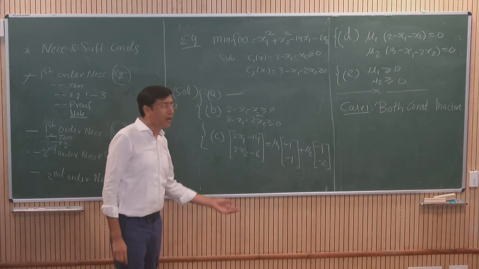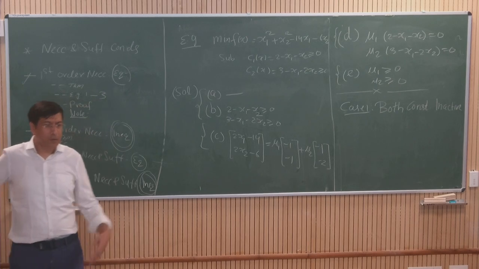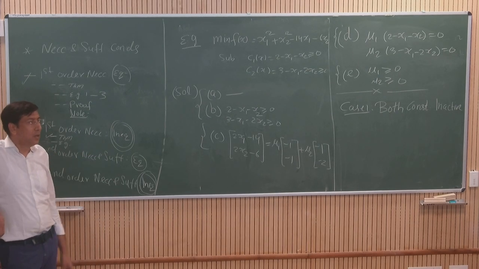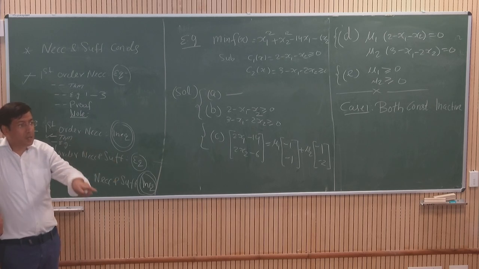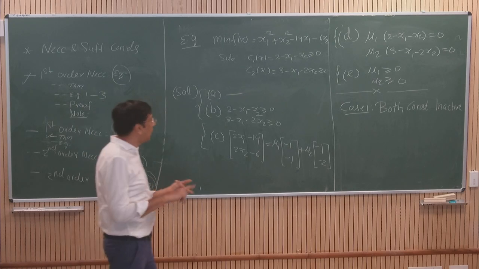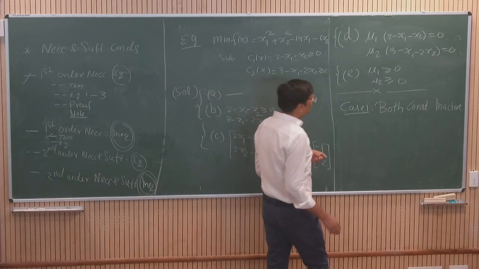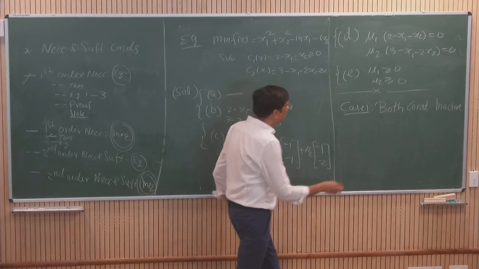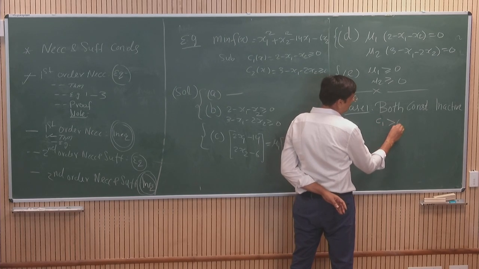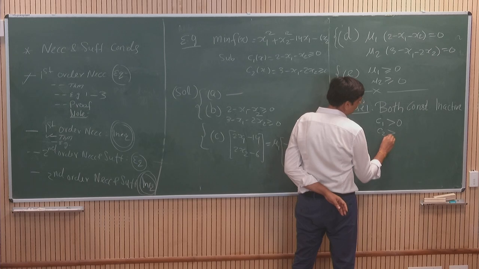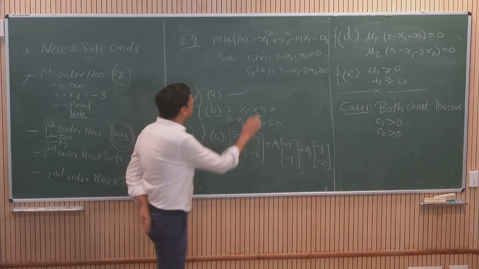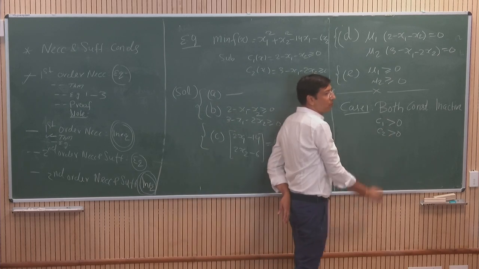How many cases will we have? 4, 2 to the power 2, because each is inactive or active and you've got 2 constraints. If I had 3 constraints, how many cases? 8, 2 to the power 3, because active or inactive for all of them. If both are inactive, that means c1 is strictly greater than 0 and c2 is strictly greater than 0. This is what inactive means. I'm not writing x in, but it means it's a function of x.